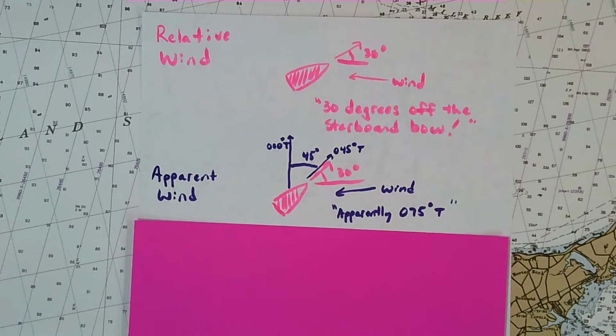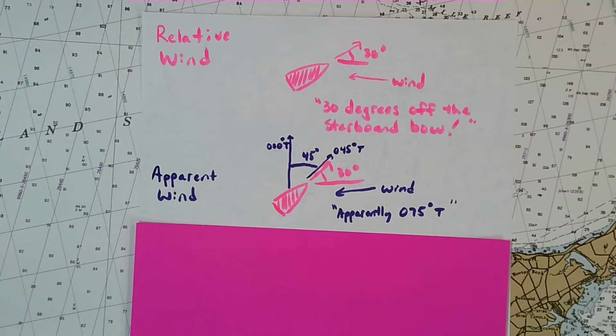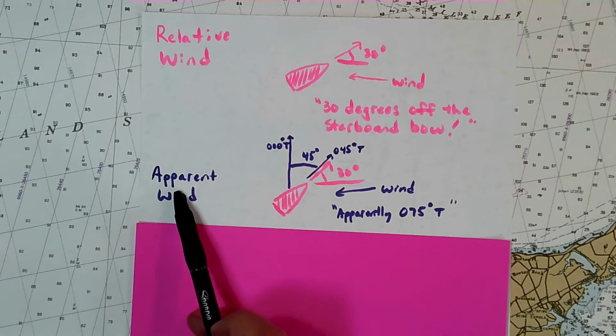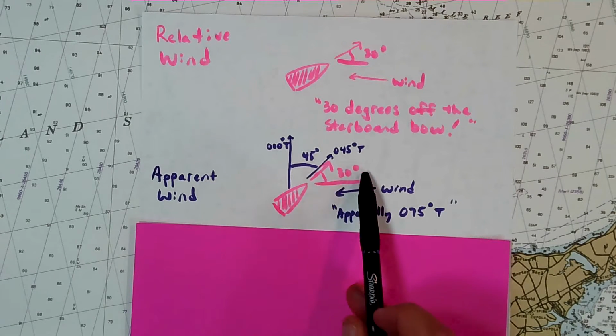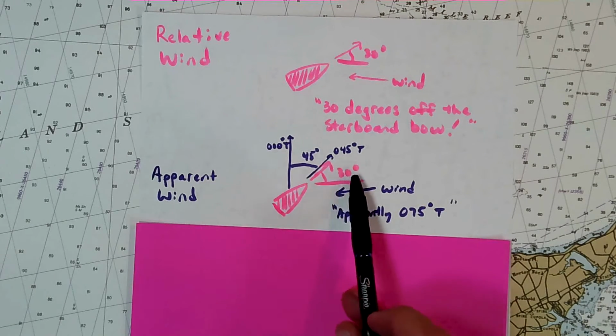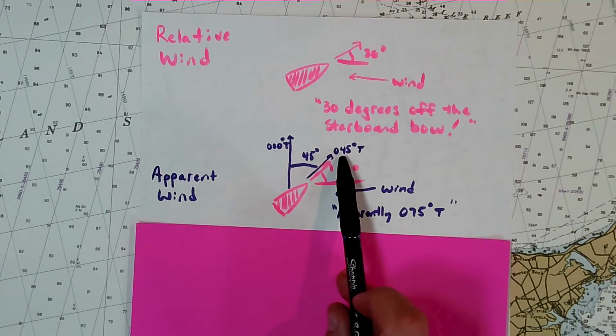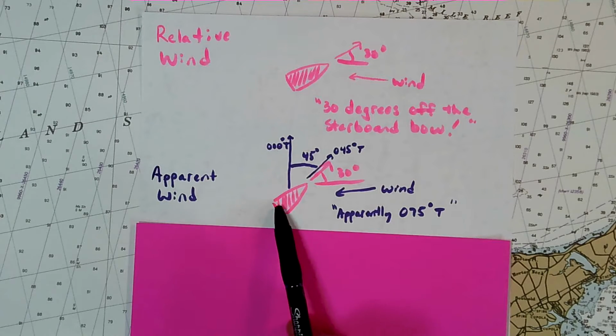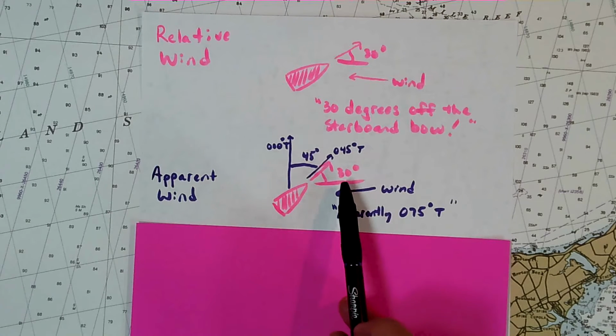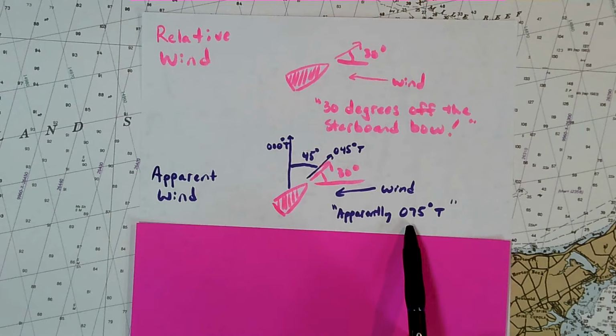If you add in the element of your course, you can calculate what's known as the apparent wind. So in this case, the relative wind is still 30 degrees off the starboard bow. But since our ship is heading 045 degrees true, the apparent wind is 30 degrees to the right of our heading, or therefore 075 degrees true.